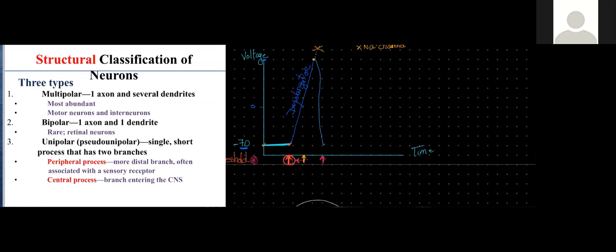See on here, I stopped the influx of the sodium and I started to allow potassium out of the cell. The potassium efflux allows you to return back to the polarized state that you started from, to the negative 70 millivolts.